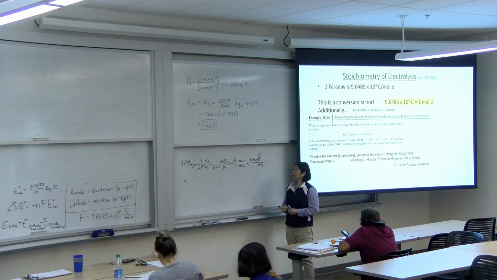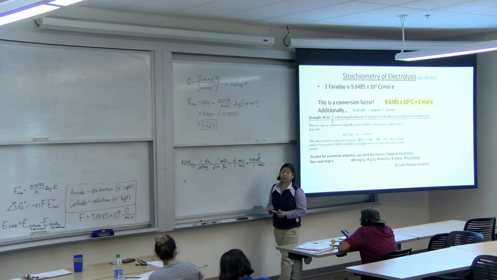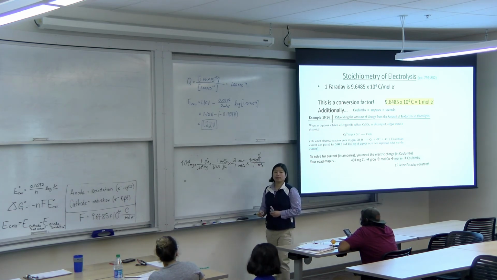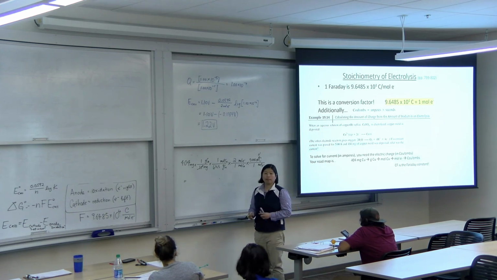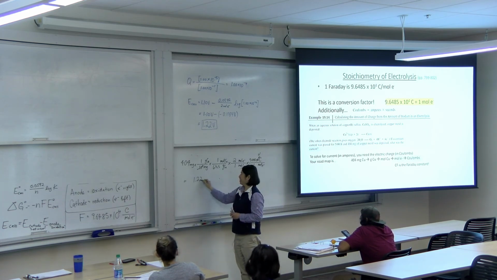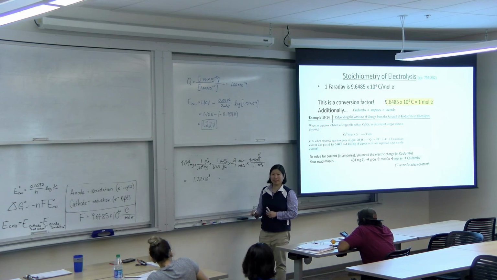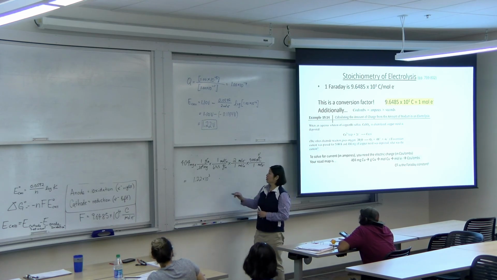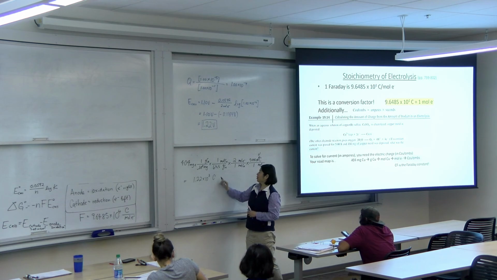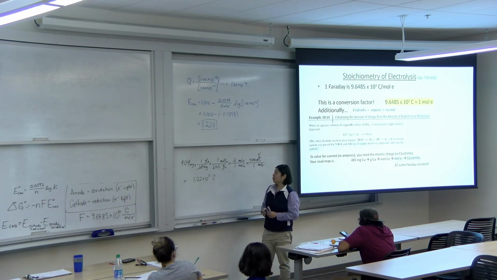Okay, 404 times 2 times this divided by this is, what do we get? We'll ask Shimona and then we'll get someone to confirm. Okay, and what units are we in? Coulombs, right? Everything else cancels out.